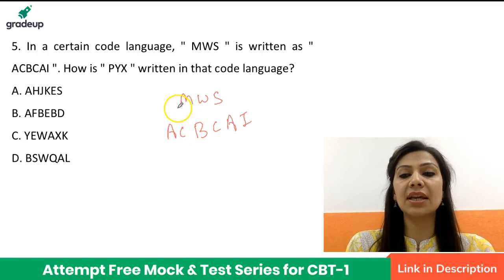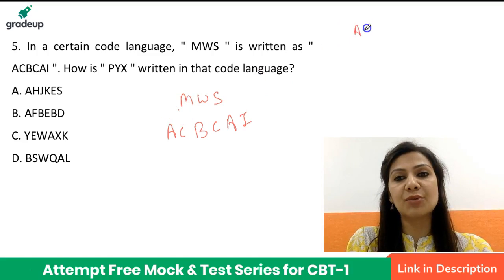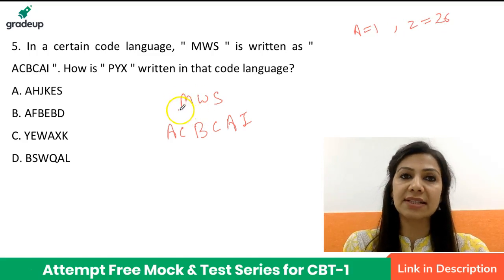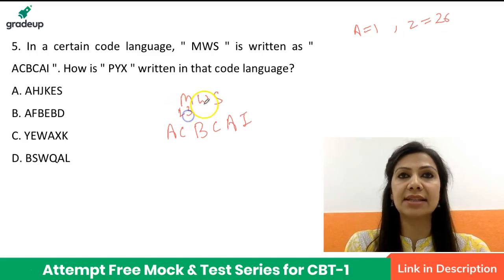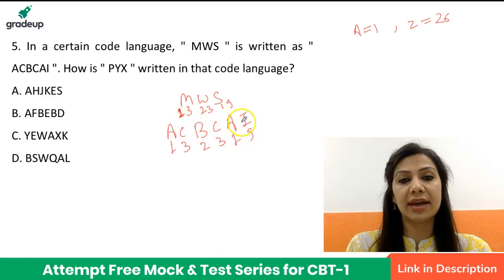So you will write the place value of the letters, of course. So considering A at position 1 and Z at position number 26, which is the direct place value of the letters, if you fix the place values, M's ranking is 13, rank of W is 23, and the rank of S is 19. Correct? So for A it will be 1, for C it is 3, for B it is 2, for C it is 3, A is 1 and I is 9.